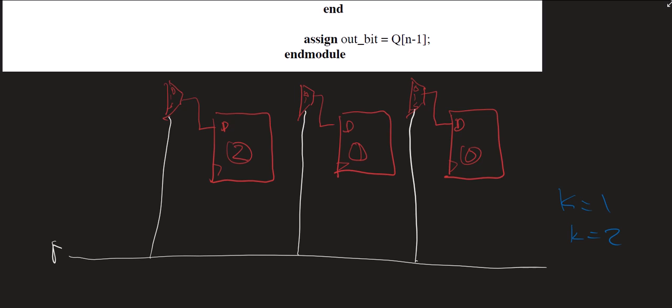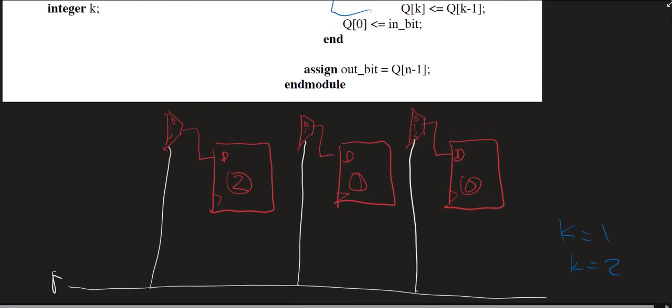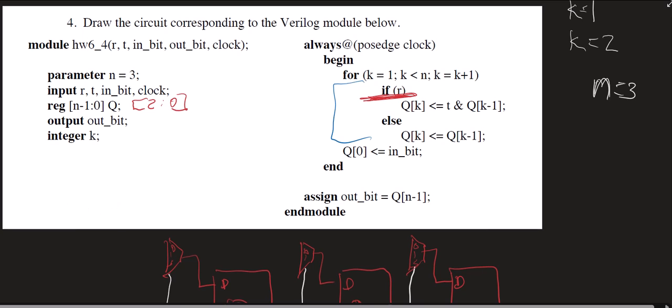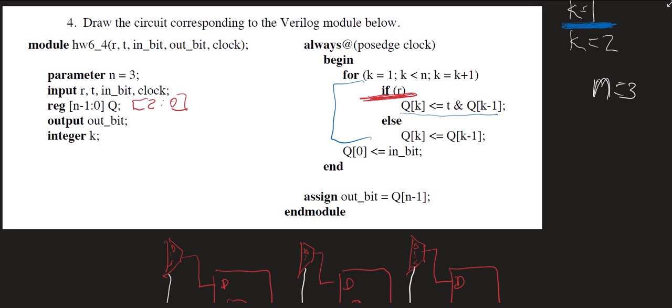Okay, and it says if R. So this means if R is 1, that means we're going to put whatever we're saying here into the 1 part of the multiplexer. So when R is 1, QK, let's start with K equals 1, so we'll do that one first.